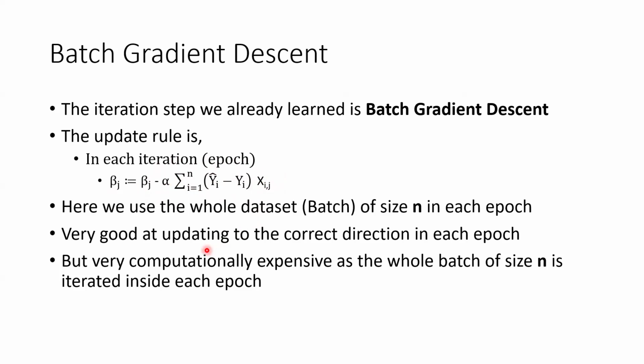But the advantage is that, as we mentioned, this would move in the direction of the optimum value, and with a lower learning rate, you can make sure that it is moving in the correct direction, right?